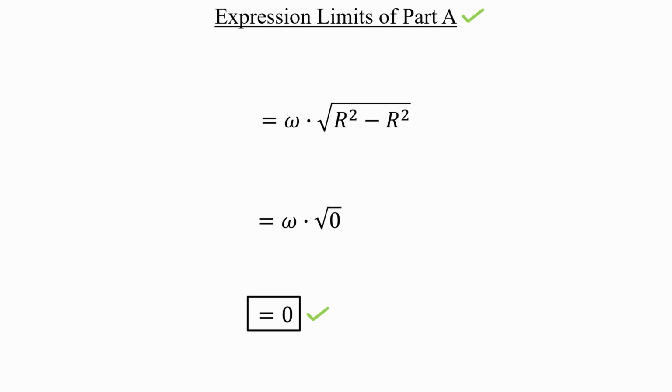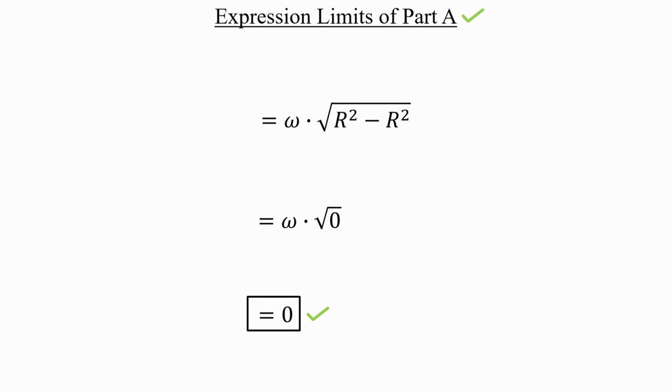What's left is the square root of r squared minus r squared, which means we're really taking the square root of 0. And this causes the overall limit to become 0 as well. So this result is telling us that when the ball is wedged exactly between these two rails, it's essentially stuck and it can't even move. That's all for part A.